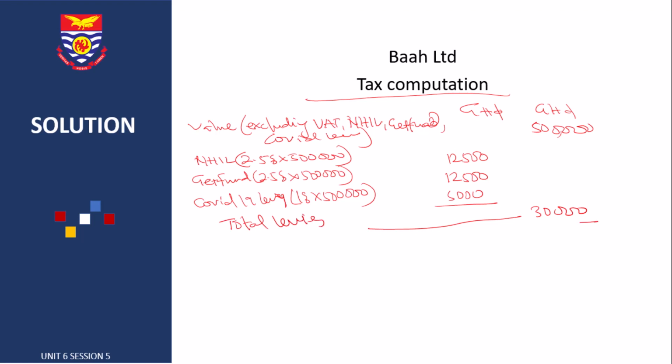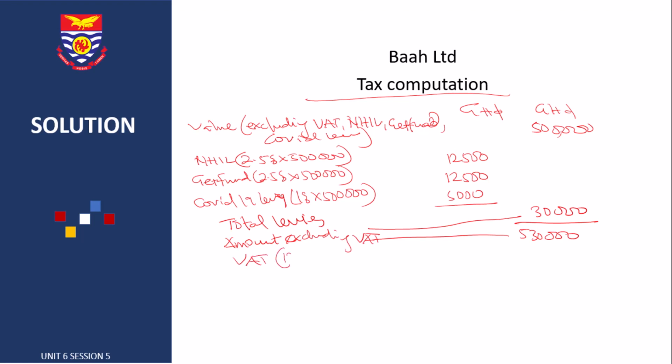Then when we add it to the amount excluding VAT, NHIL, GETFund, COVID levy, we are going to get 530,000. And this is the amount excluding VAT. Now we compute the VAT on this amount.